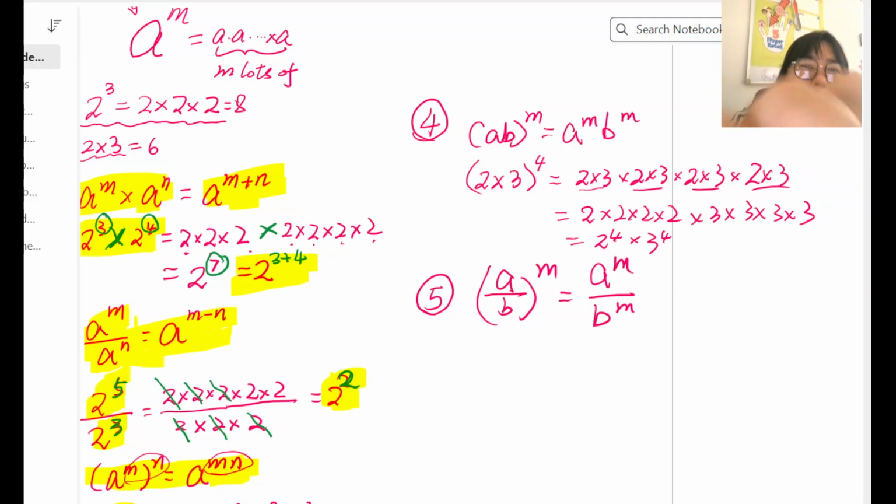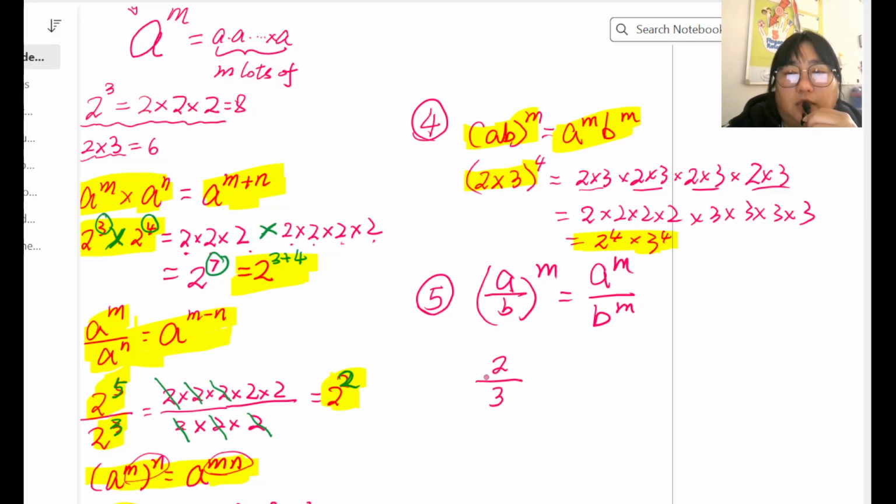So that's already proved. This one, (AB) to the power of m, is equal to A to the power of m times B to the power of m. Okay, now we check the division. Division is the same thing. So now I use (2 over 3) to the power of 4. So now we got 2 over 3 times 2 over 3 times 2 over 3 times 2 over 3.